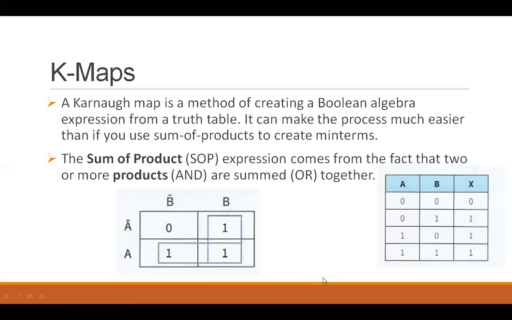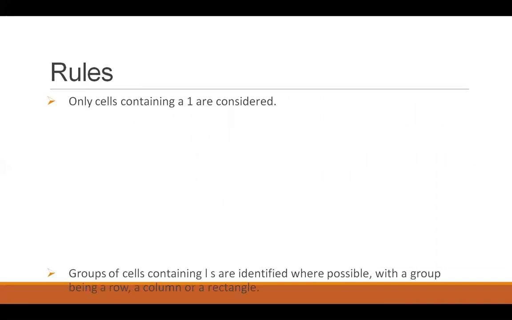Now let's see what the rules of grouping the ones and making the K-map are, and then we will go on to do an example. First, we are only going to consider cells which have 1 in them. The cells containing 0 are not considered in solving the K-map.